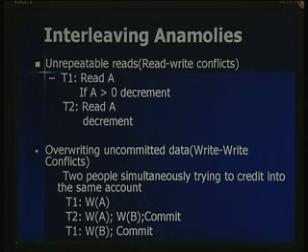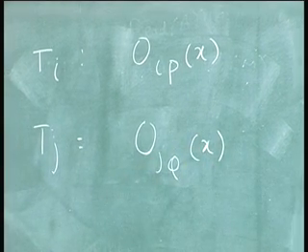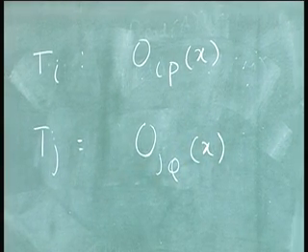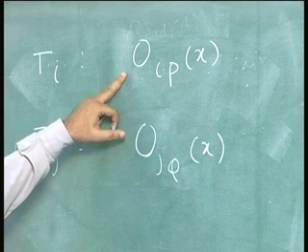To summarize, I will give a simple example of an operation and show how conflict serializability is to be achieved. Take a transaction Ti with an operation OiP on data item X, and a transaction Tj which has an operation Q on X. We say that these operations are conflicting if one of them is a write.